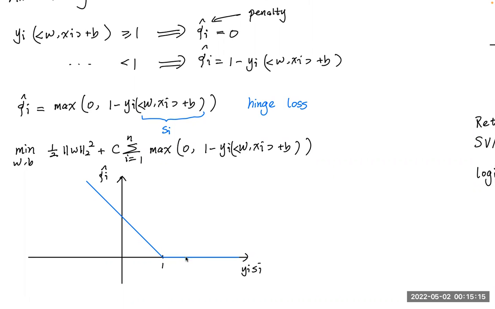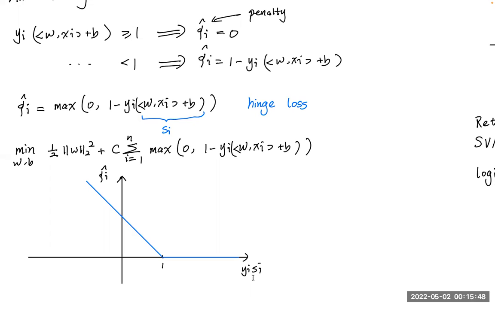You are behind the safety boundary, so you don't need to pay. But if you are here, say at 0.7, then you need to pay 0.3. And if you are even at negative, say negative 0.5, then you need to pay 1.5. So if it's beyond 1, it is 0. But if it's less than 1, it will be 1 minus this y_i s_i.